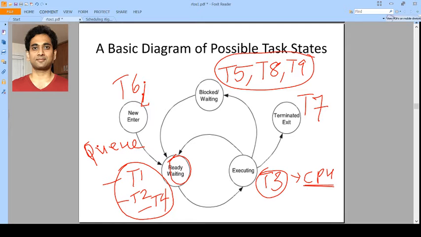Now, how efficiently these tasks are moved through all of these queues is a property of critical importance. We want to pay close attention to how these tasks are moving.